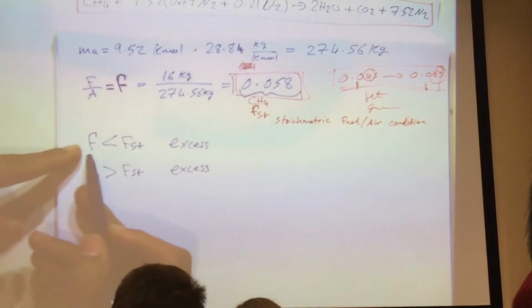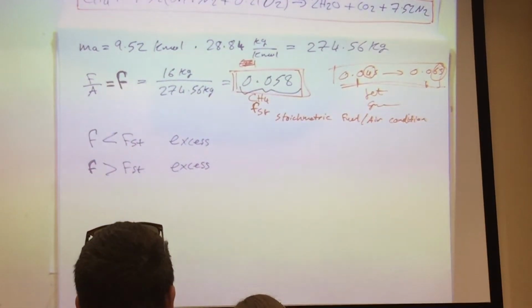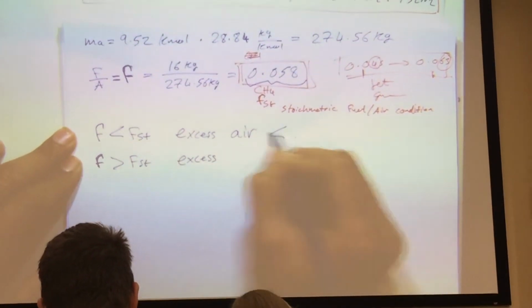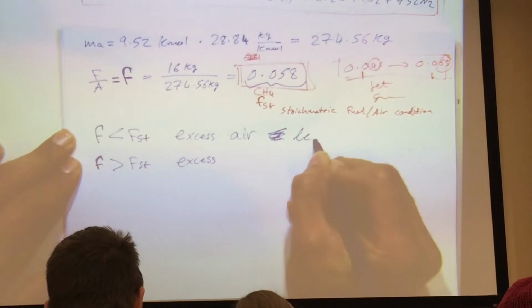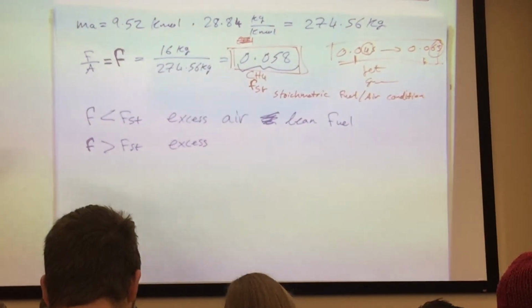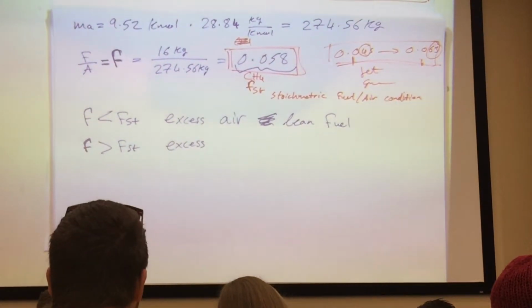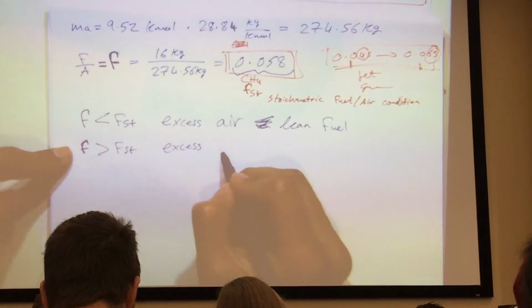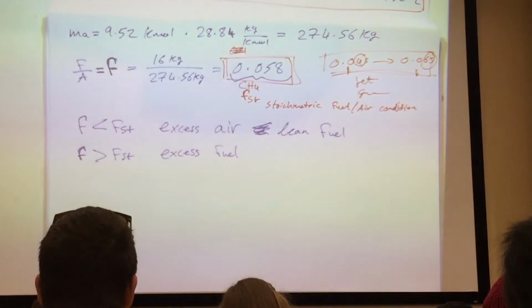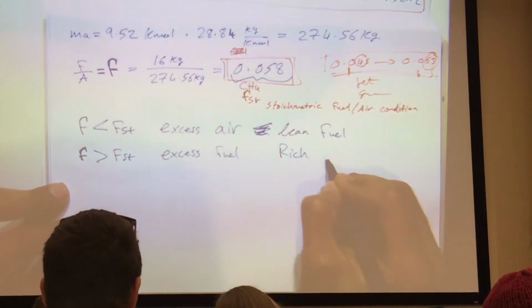If F is less than F stoic, what do I have? Excess air. Meaning what? Meaning lean fuel. That means I have too much air relative to how much fuel I'm dumping into my system and burning. And this is obviously excess fuel. Now I'm on the non-efficient side of things. So this is rich fuel.